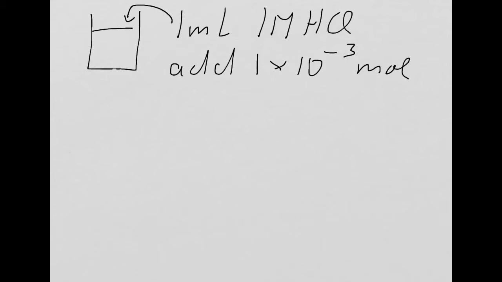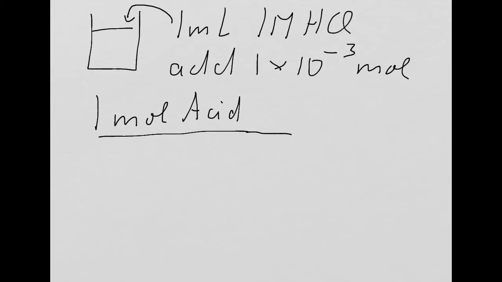Now what do we have in our buffer? We have 1 mole of acid in the liter, and now we add an additional plus 1 times 10 to the minus 3 mole of the H plus.